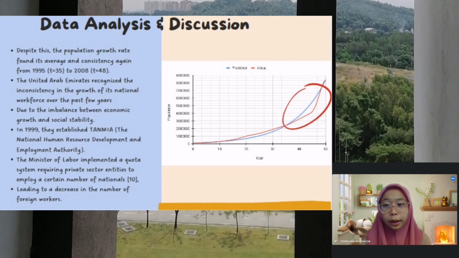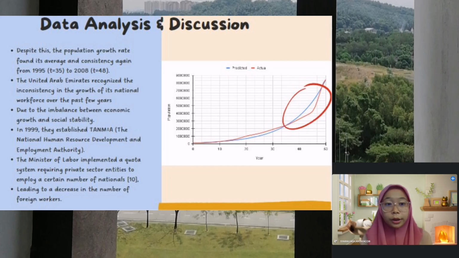This is because the United Arab Emirates itself has recognized the pattern of inconsistency in the growth of their country because of the national workforce of the past few years, as we just discussed.